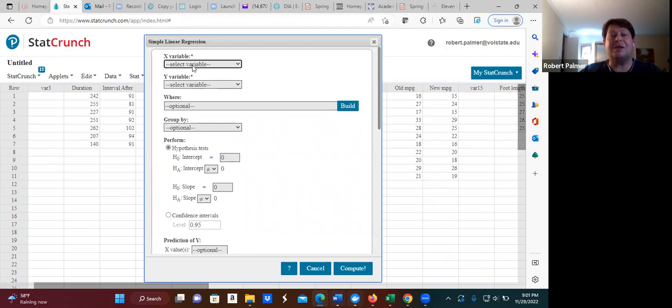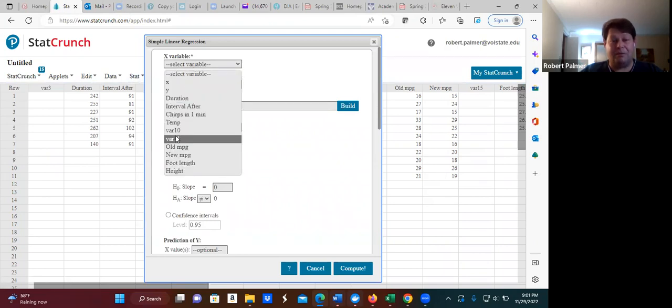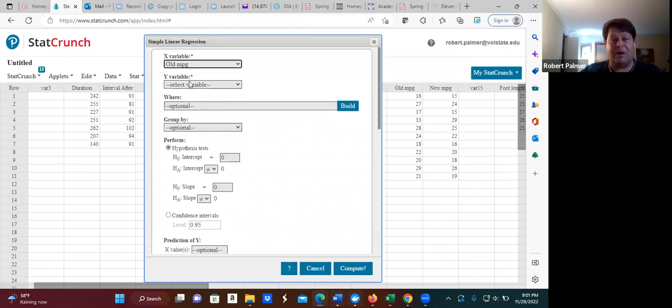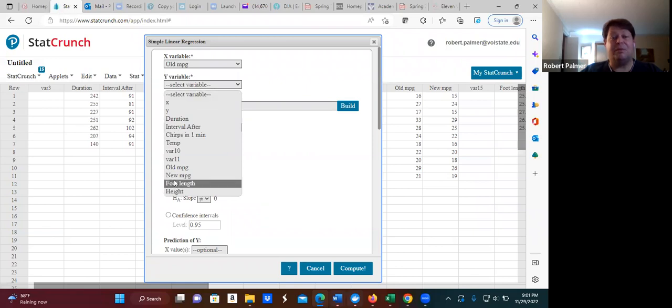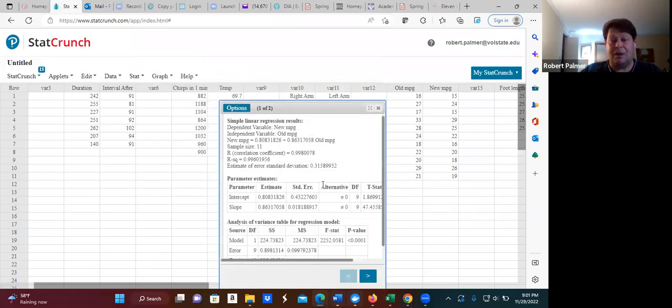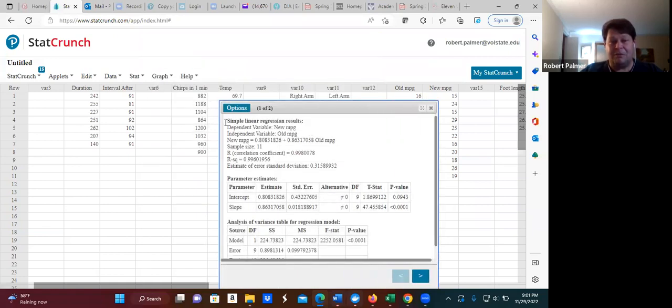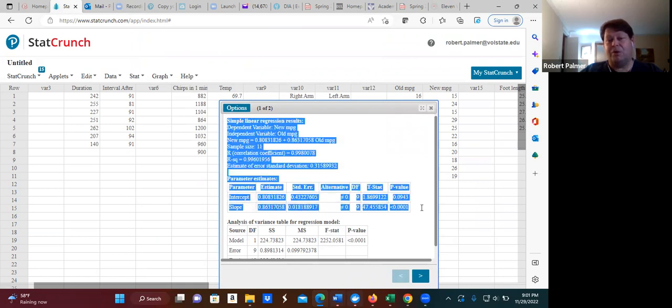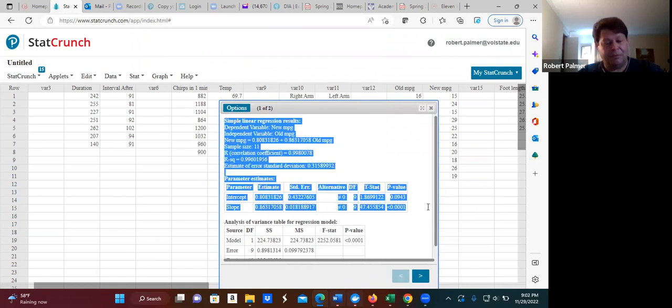Okay, so my X variable is going to be the old mile per gallon, old MPG. The Y variable is going to be new MPG or new miles per gallon. Once again, everything is basically set up to compute. And then as we did before, let's copy this information into our Word document, and so we can compare.